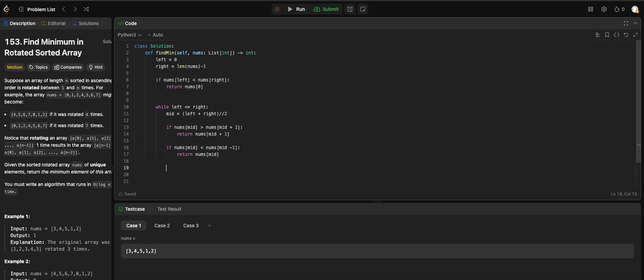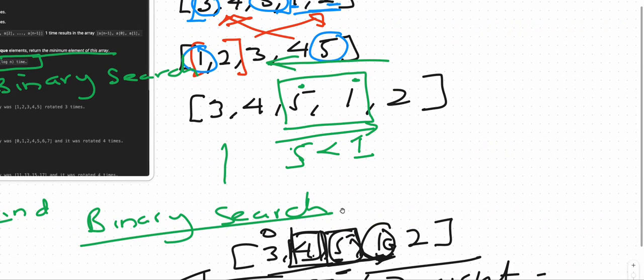Now, see here, the next one is: if nums[mid] is greater than nums[0], it means this whole part is an increasing part.